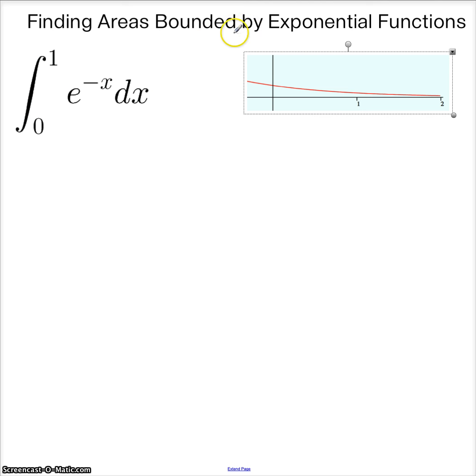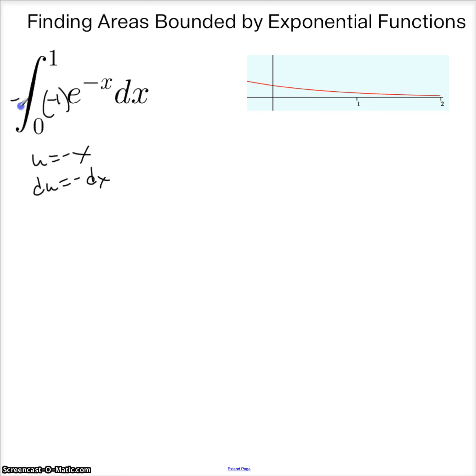Let me let u equal negative x, du is negative dx. So I need a negative 1 here and a negative 1 on the outside. So this becomes negative 1 times the integral of e to the minus x dx from 0 to 1. I suppose I should put my limits in here. So this is negative 1 times the integral of e to the u du.